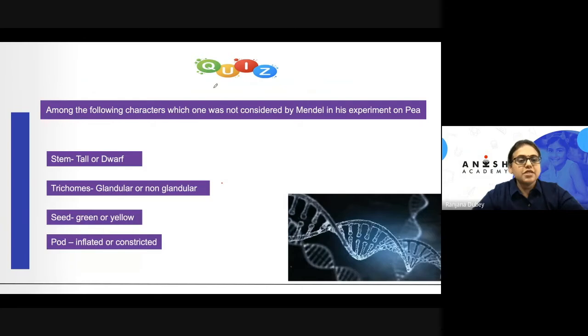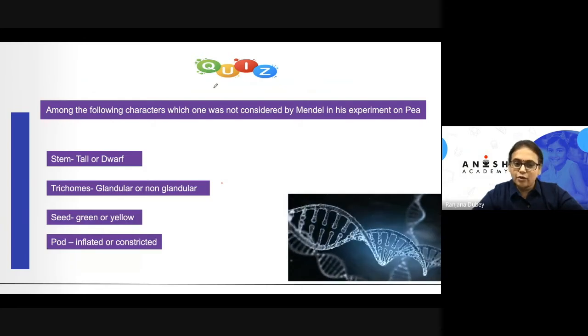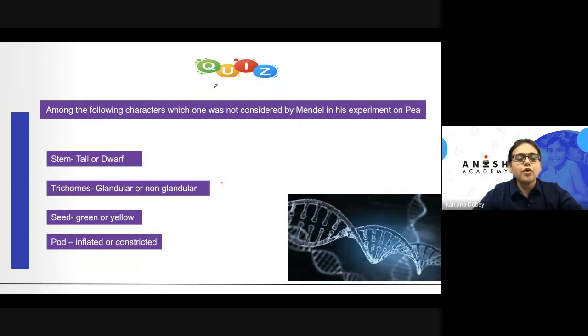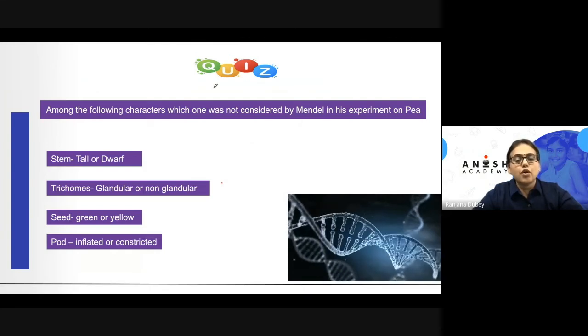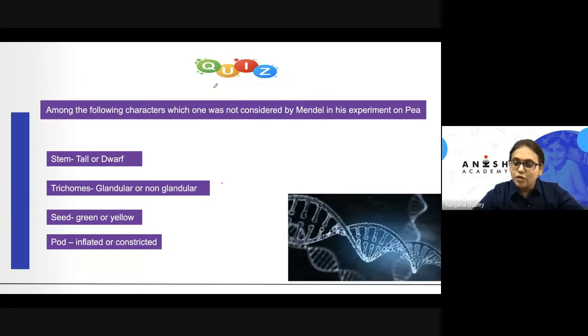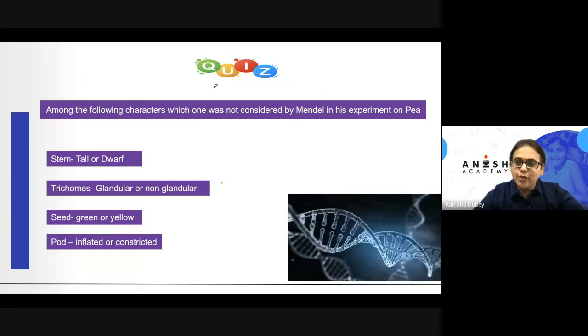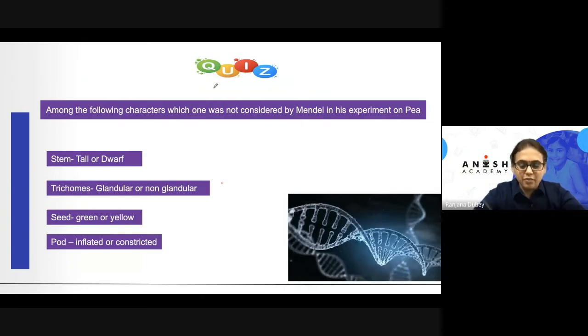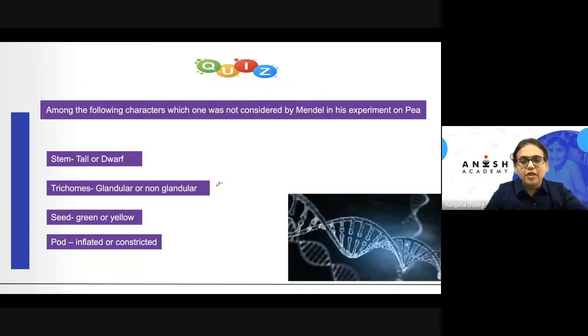The options are stem, tall or dwarf; trichomes, glandular or non-glandular; seed, green or yellow; and pod, inflated or constricted. Well, you just saw it was option B which was not considered by Mendel in his experiments on the pea plant.